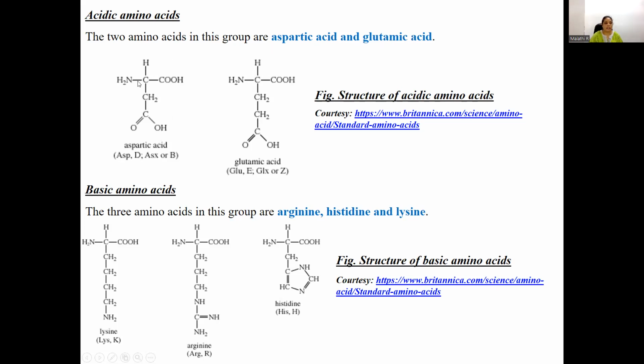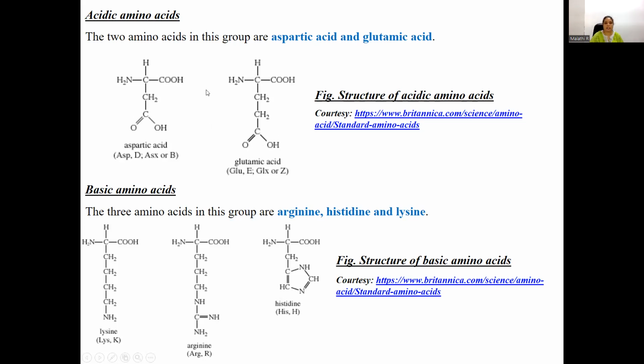You can see the amino group, acid group, and H are the same, whereas here it is CH2, COOH, which will be aspartic acid. Aspartic acid has one extra COOH group. In glutamic acid also, we have one more COOH group.